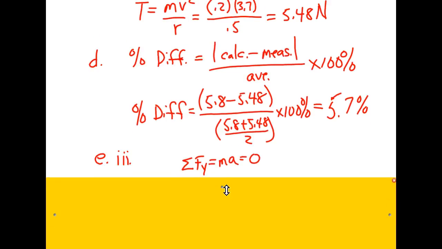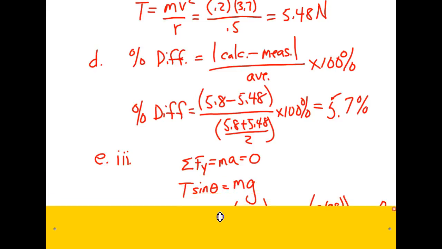So summing forces in the y direction. In the y direction, the ball is not accelerating. So the upward T sine theta equals the downward mg.